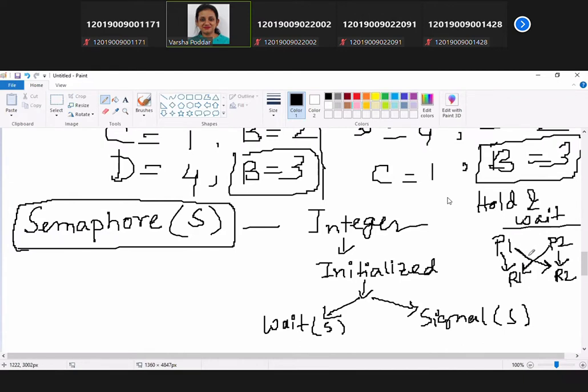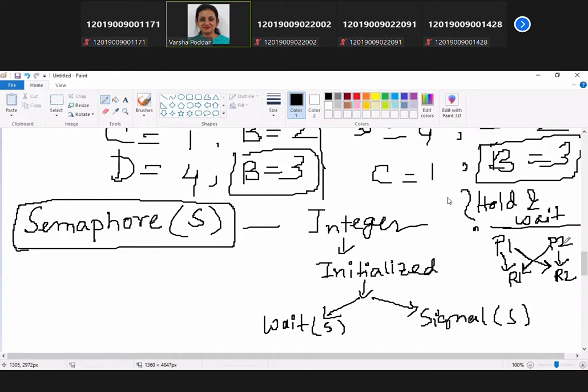So whatever you get now, you hold, and then you wait for something else. When you are holding some resource, maybe that resource is requested by someone else, and there your deadlock occurs. So using semaphore, we will try to avoid that. You can use these things for your concept, but no need to remember all of this line by line. Just understand what we do using semaphore.